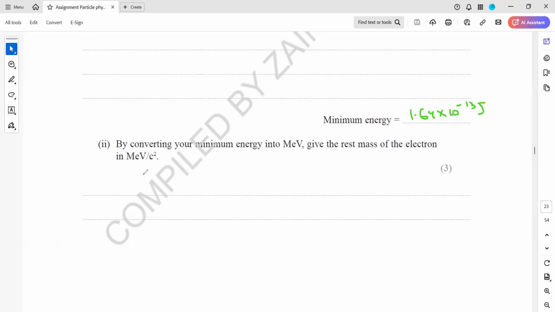The minimum energy in mega electron volt is the same as mass in mega electron volt per c squared. So I'll first convert joules into electron volt and then electron volt into mega electron volt. That is what we want to do.